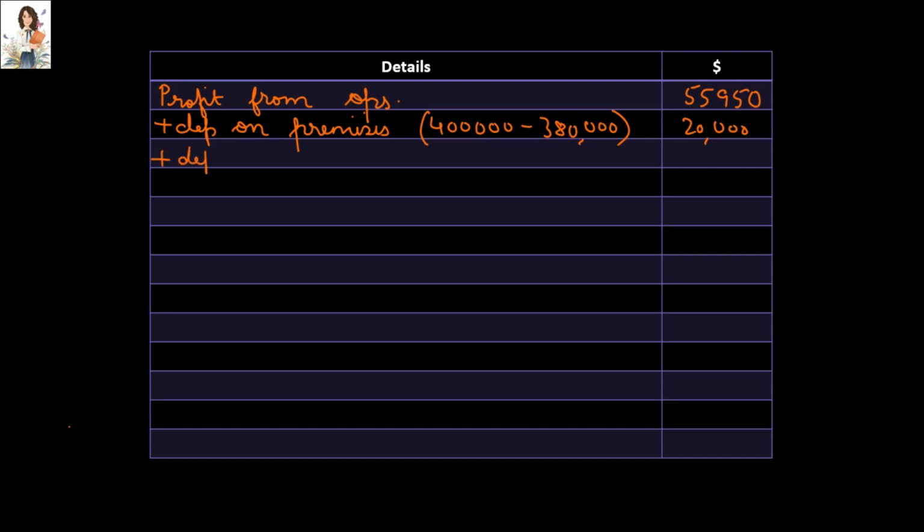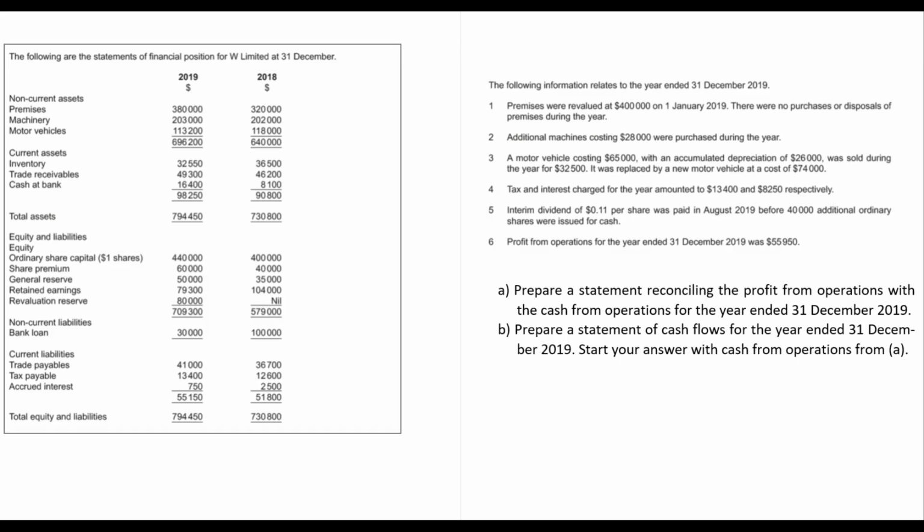Also, we add back the depreciation on machinery, which is 202,000 plus 28,000 minus 203,000, 27,000. Always write the working in brackets.